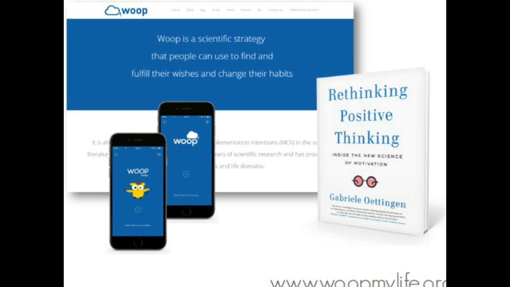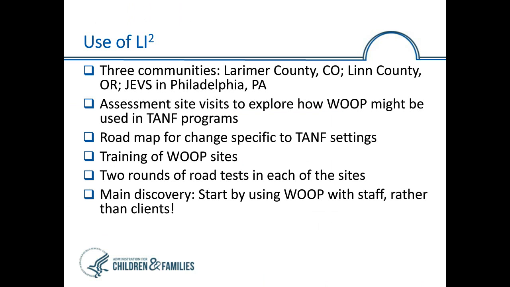We recruited 3 communities. We were working with Larimer County on other things, and so we pulled them in, and we knew that they were good partners. We also pulled in a smaller community in Lynn County, Oregon, and then a nonprofit agency, JEVS, in Philadelphia. And we basically went out and did site visits to see how we could possibly take WOOP and adapt it.